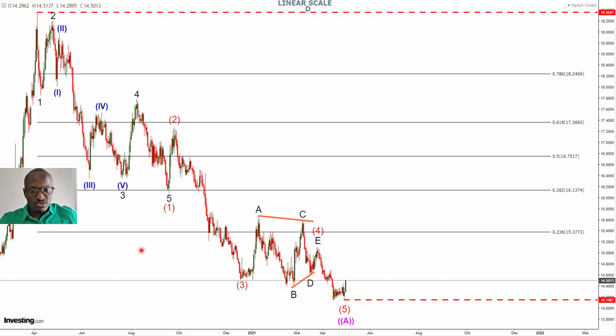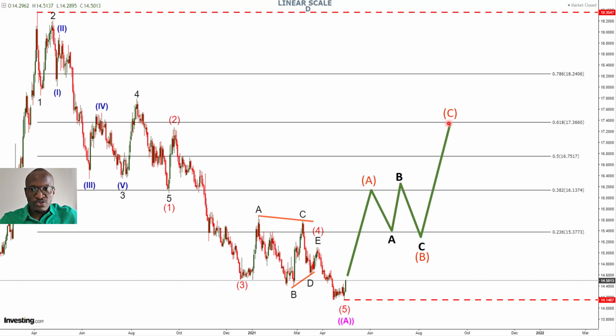So the most common relationship between wave 2 and wave 1 in a forming zigzag is the 61.8% Fibonacci retracement, which would then see the Rand weaken back to about 17.36. But like I say, it's impossible to forecast exactly where it will terminate.